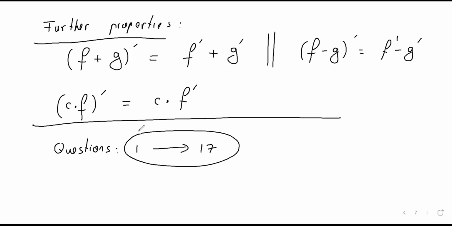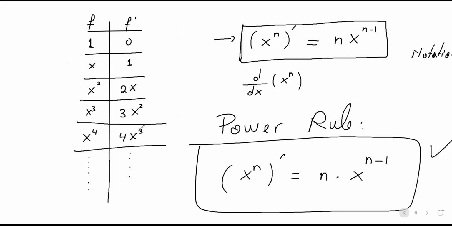Now, let me point out one thing. Let's go back before we do these rules. This rule that we derived here works not only for an integer exponent, a positive exponent, but also for a negative exponent. And it is also true for a fractional exponent.